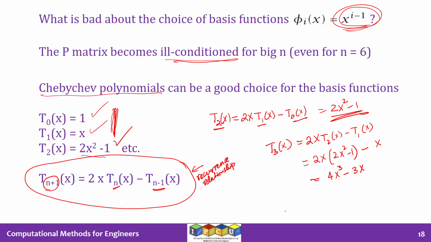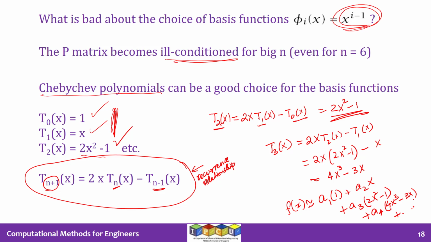So in that case, f of x will be approximated as a1 T0 of x plus a2 T1 of x plus a3 T2 of x plus a4 T3 of x, etc.